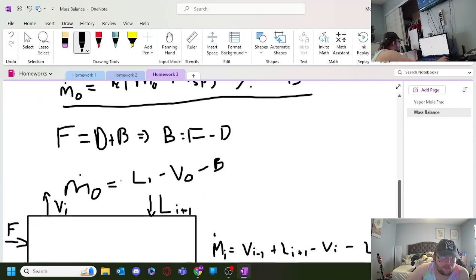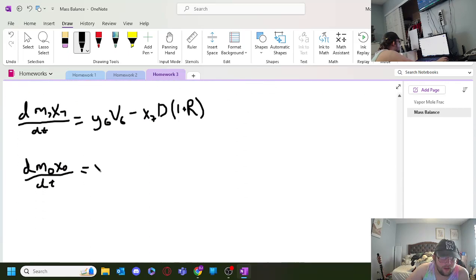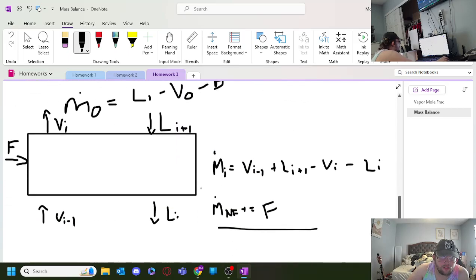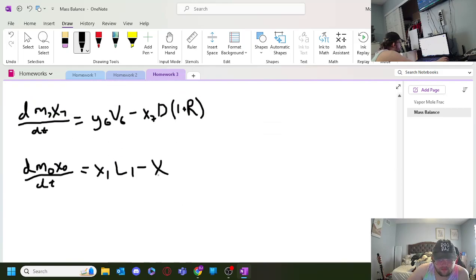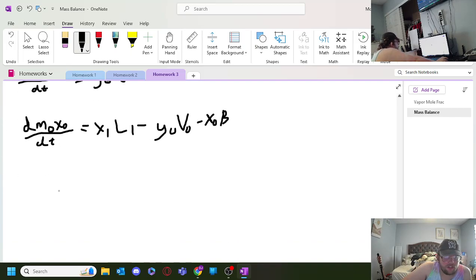So here, X1L1 minus X0V0 minus X0B for bottoms. Just realize that should be a Y, not an X, because we're talking about vapor here. So that's for stage 0.